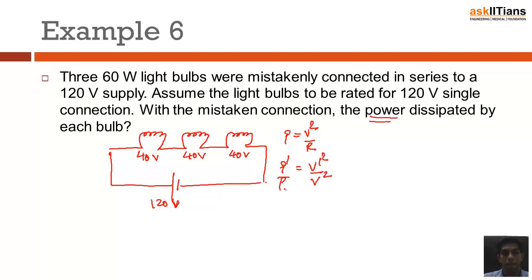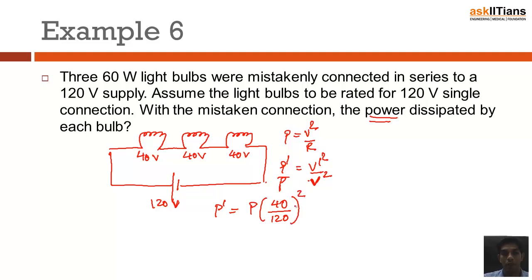Now P is the power of the bulb, V is the potential across the setup. So P dash is equal to P times V dash, that is 40, square over V square, that is 120 square.